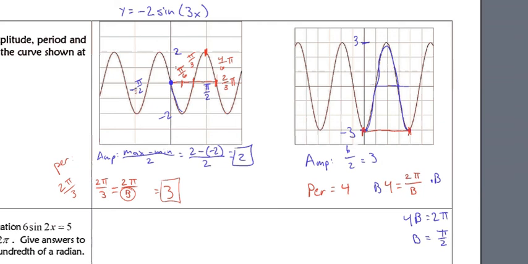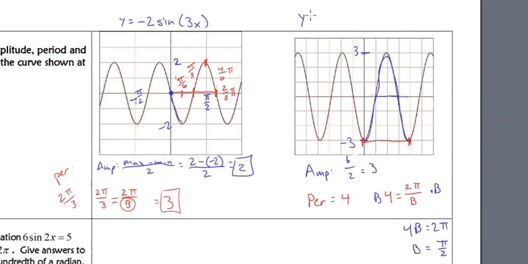Pi over 2. All right, so then our equation is going to be y is equal to... are we dealing with sine or cosine? This time we're starting at a minimum. Well, sine starts at 0, so this is going to have to be cosine. But cosine normally starts at its maximum, so it's going to have to be a negative a value.